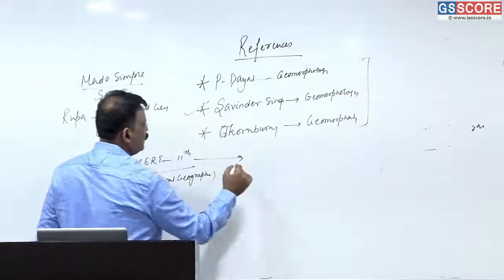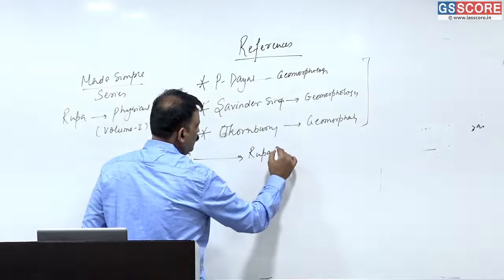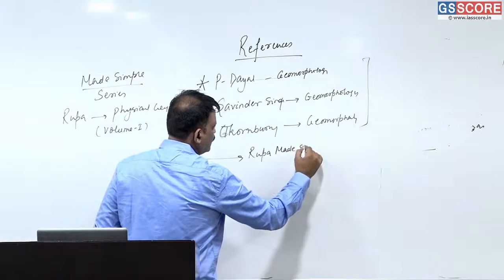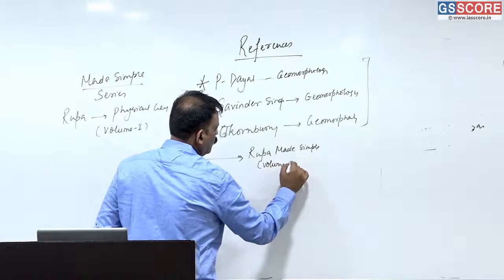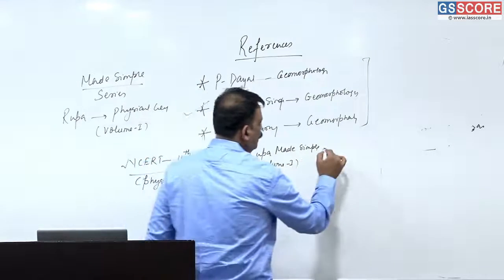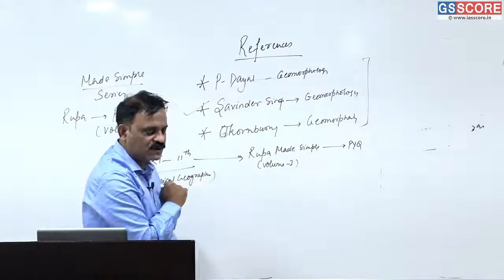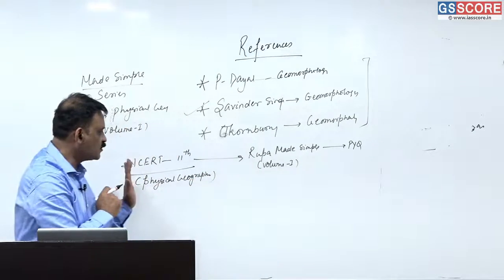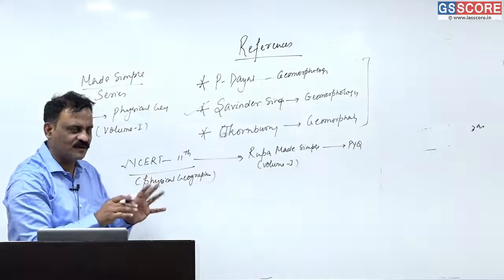Now the second step, you can take Rupa Made Simple volume 1 in the second step. Okay, third step, look to the previous year questions, the nature of the previous year questions, because after going through these 2 steps and reaching the third step, you are in a position to understand the previous year questions.